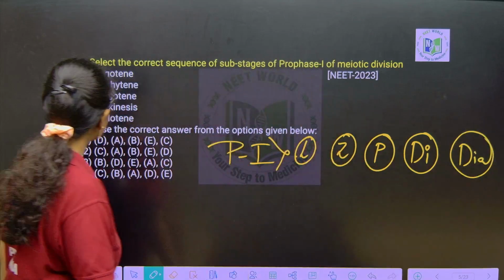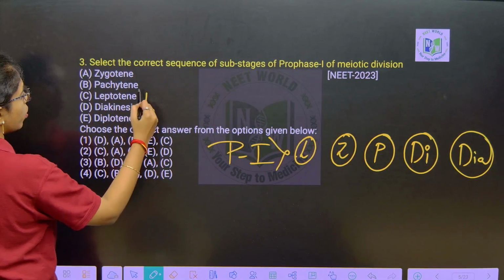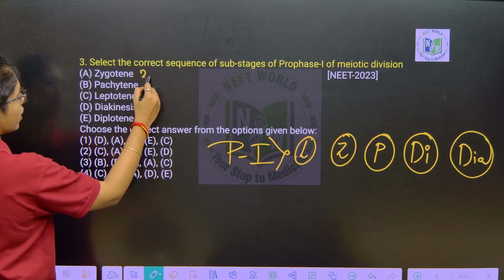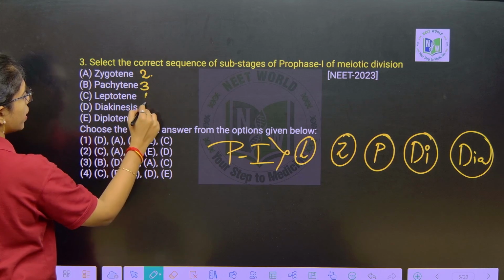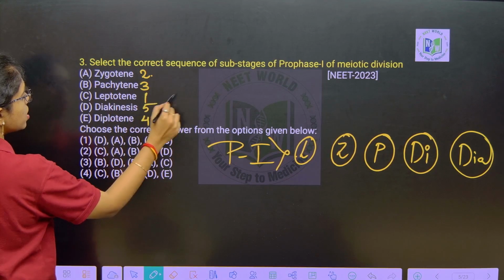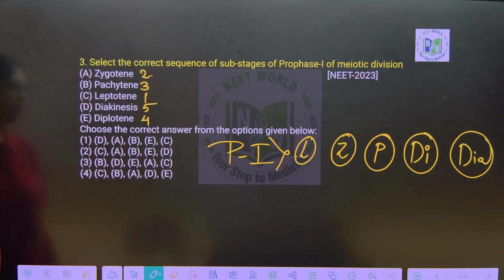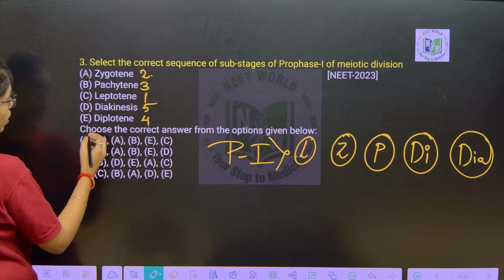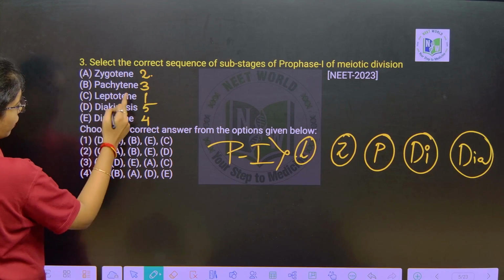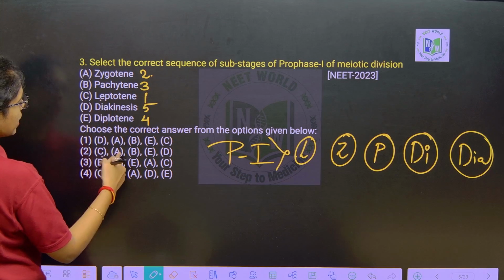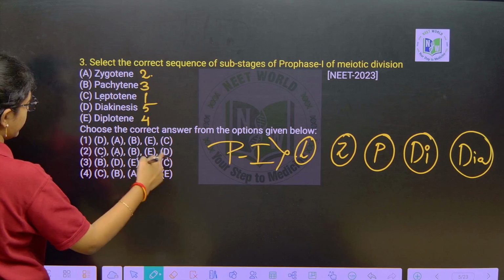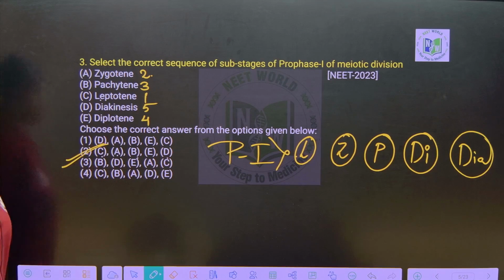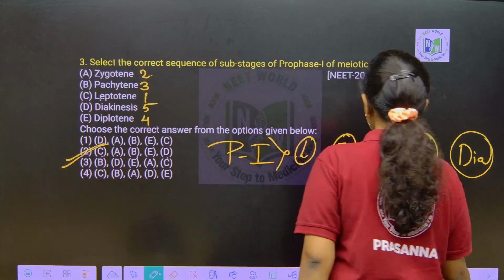So first is leptotene, second is zygotene, third is pachytene, fourth will be diplotene, and fifth is diakinesis. So here what will be the option? C is first, so first will be C and then A and then B and then E and then D. So option 2 will be the right answer. Next question you look into.